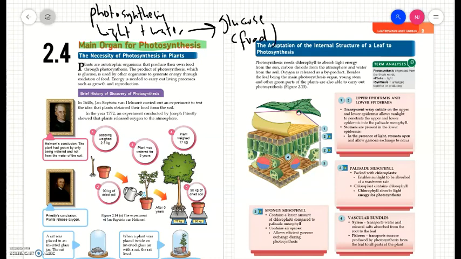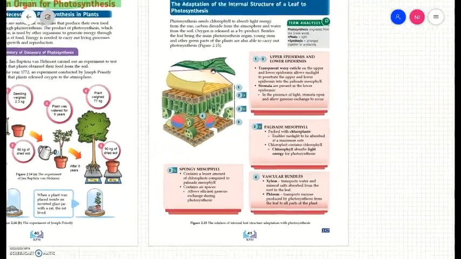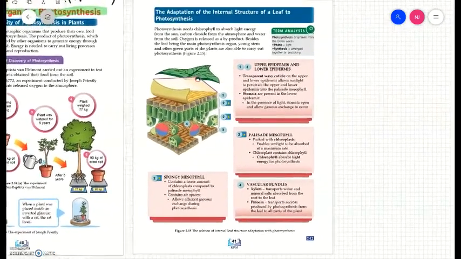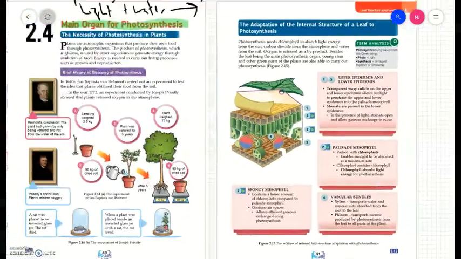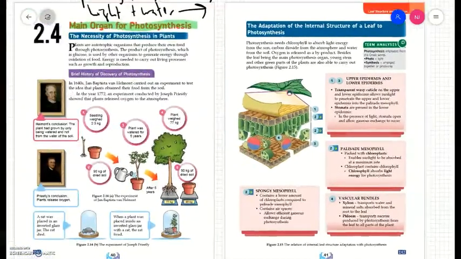So before that, we're going to look at the internal structure of a leaf, the adaptations of the internal structure of a leaf for photosynthesis. So here we can see on page 41 the layer by layer of a leaf.